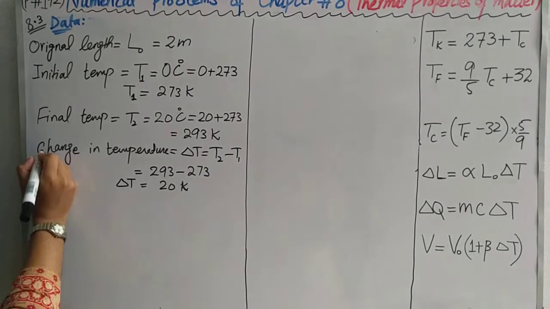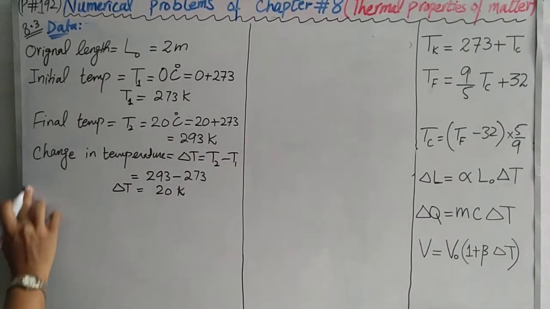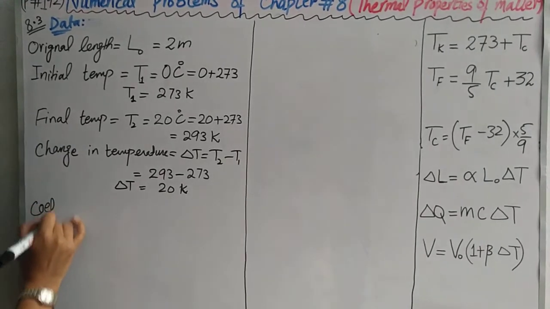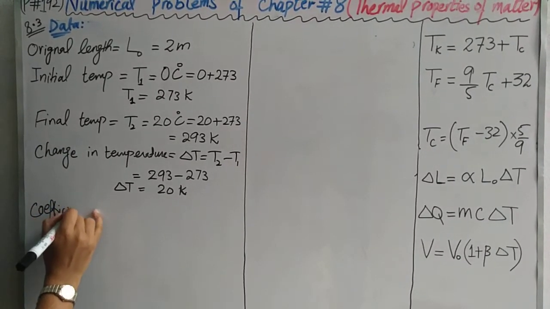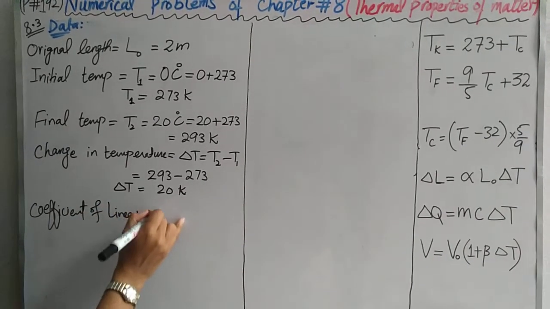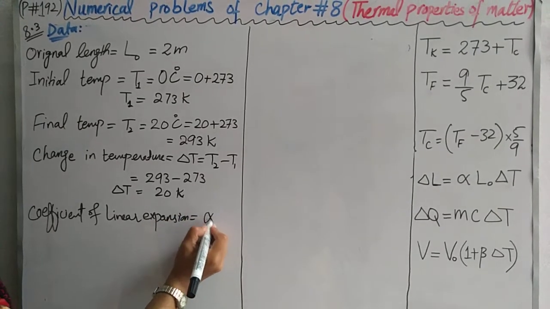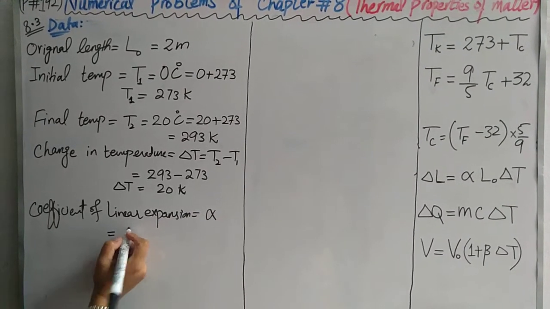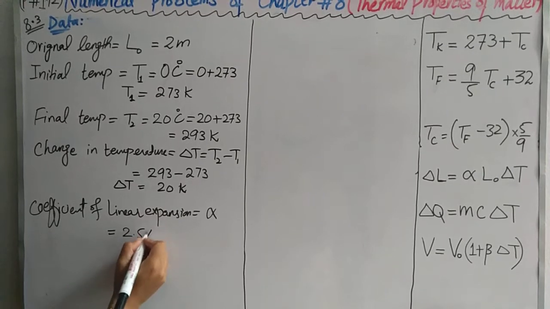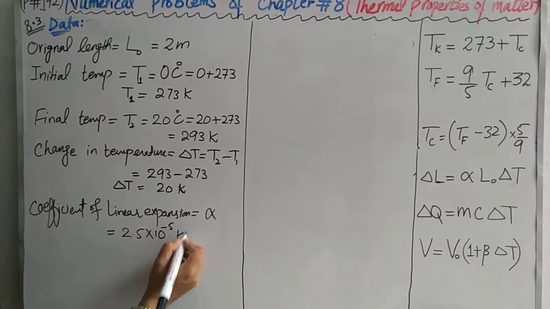Again, one more thing is given data. Coefficient of linear expansion is represented by alpha, and has value 2.5 into 10 raised power minus 5 per Kelvin.